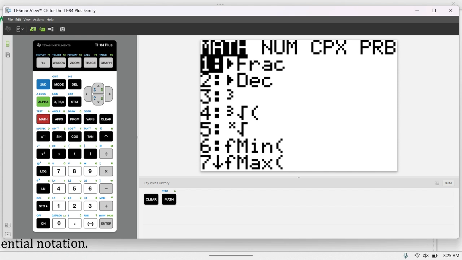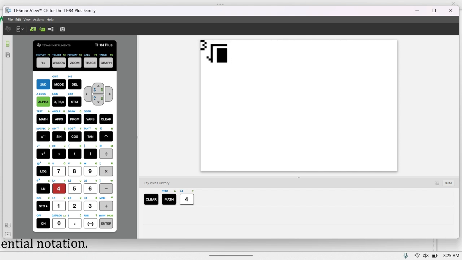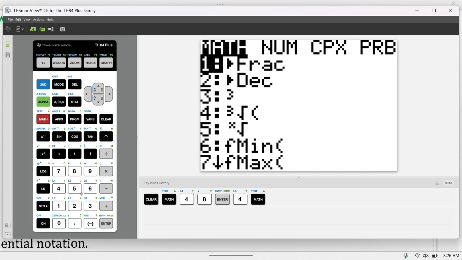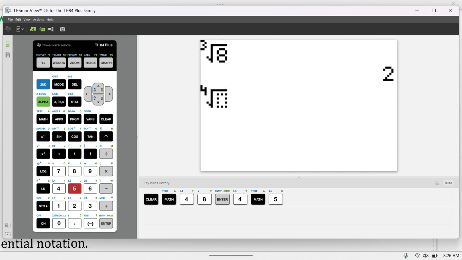So let's say I wanted a cube root. I click 4, I got a cube root. Let's say I wanted to find the cube root of 8. Hit enter, it's there. Now, depending on your calculator, if you want to do any root above 3, you have to put the number first. So let's say I want to do a 4th root. I'm going to put 4, math, and then hit 5, and now it's a 4th root.